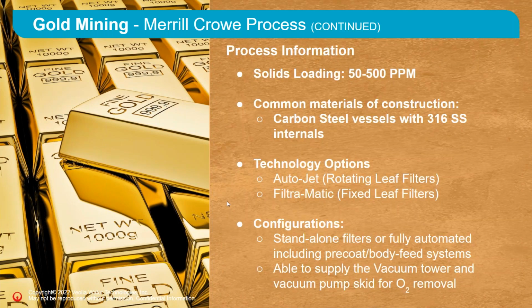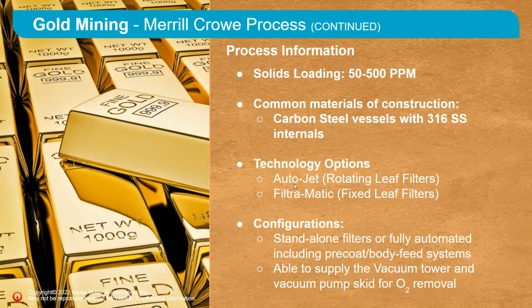This shows the typical process characteristics of a gold-rich cyanide solution that is sent to the Precoat filters. The solids loading typically is between 50 to 500 ppm. Typically, these are made of carbon steel, like the vessel outside, with 316 internals for the leaves and everything.